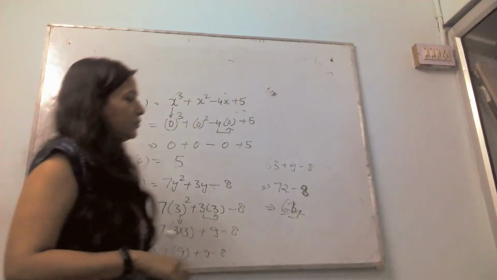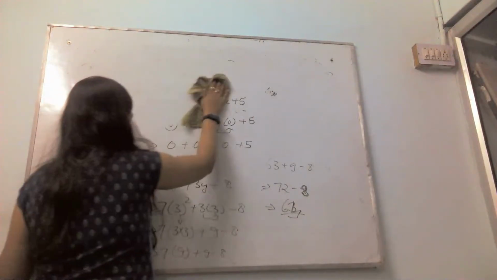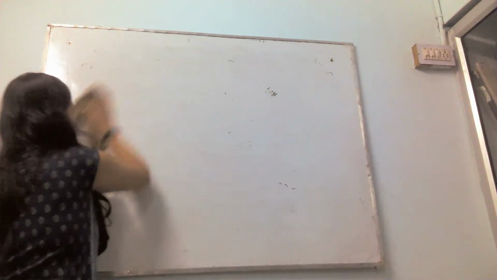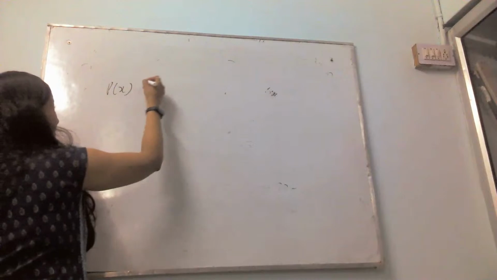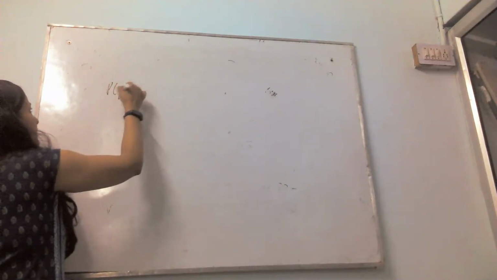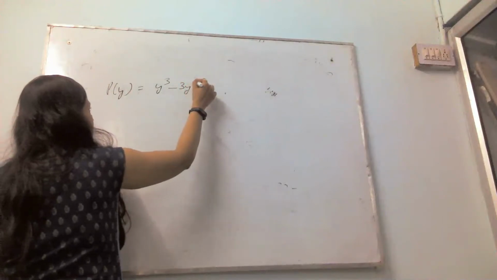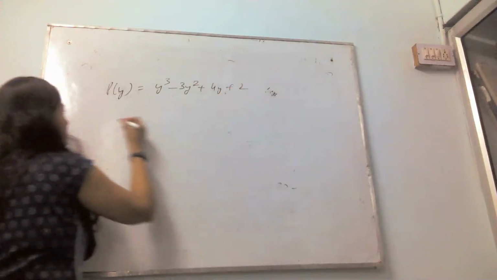I am writing 3 questions, you have to do them and then let's find the solutions together. P(y) equals y to the power 3 minus 3y square plus 4y plus 2.